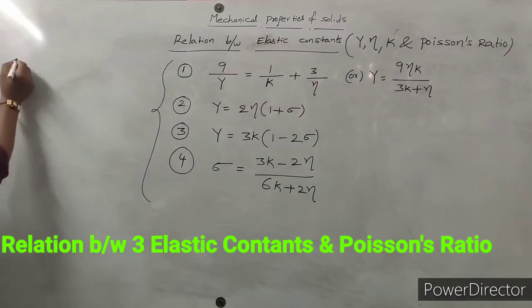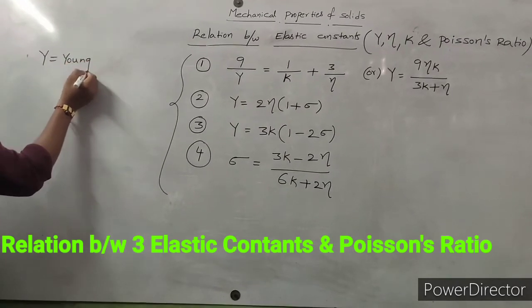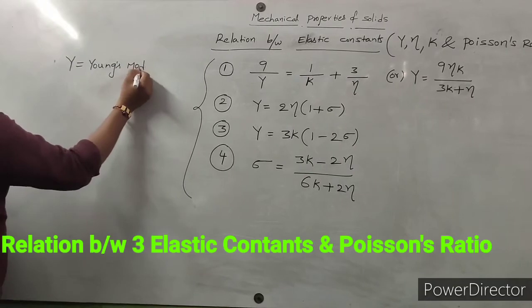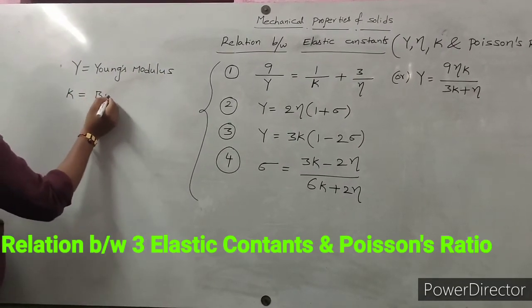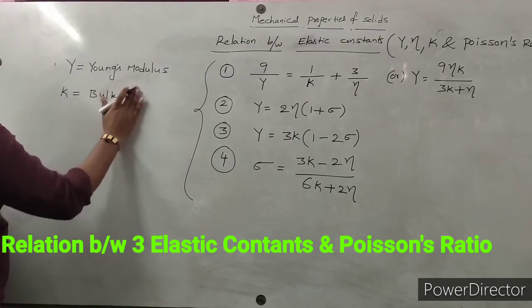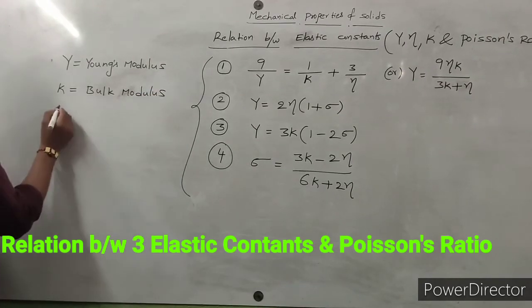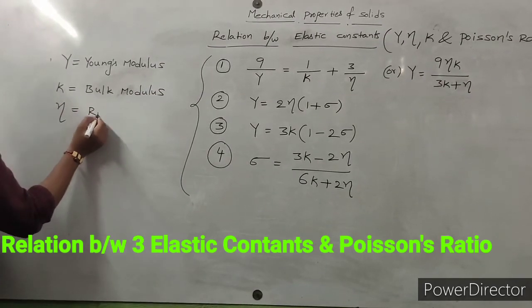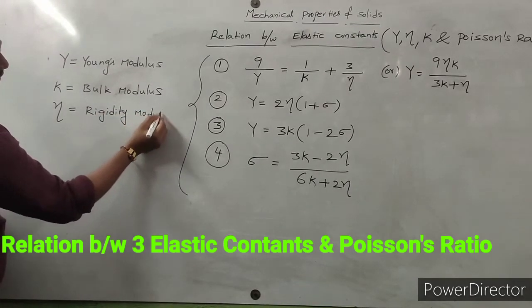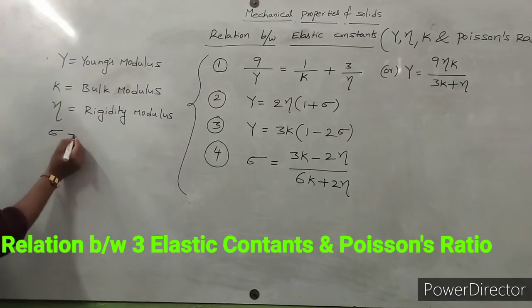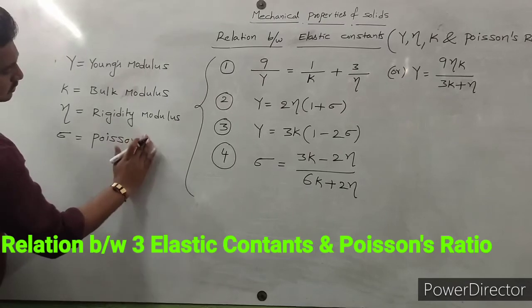Here Y is Young's modulus, K is bulk modulus, eta is rigidity modulus, and sigma is Poisson's ratio.